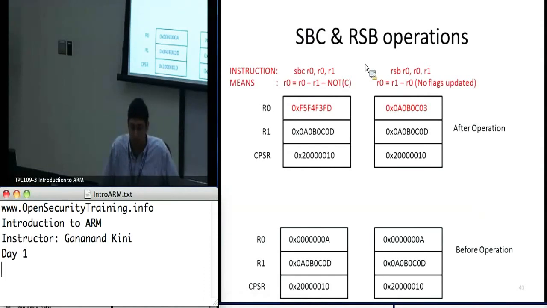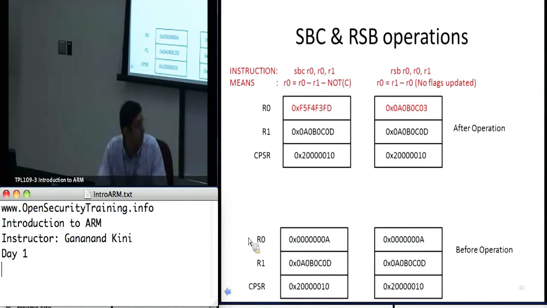So you start off with 0A, 0B, 0C, 0D, and when you do a reverse subtract, you're going to get a value that's really in the high range, but can anybody tell me which bit might be set in the flags after this operation? Negative. Yep. And the carry flag is going to be set.